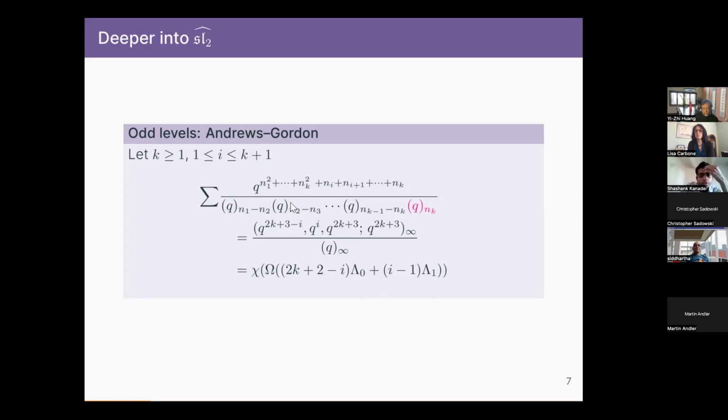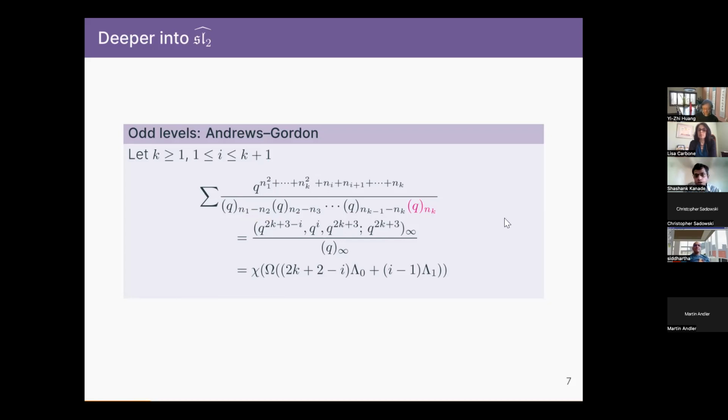Now, one thing to note is that I'll always assume that whenever you have such expressions, the Pochhammers in the denominator have non-negative arguments, so it is assumed that the sum is over n1 greater than or equal to n2, n2 greater than or equal to n3, and nk greater than or equal to 0. I'll not mention that. But there is a nice formula which is typical, which is q raised to a quadratic form plus some linear terms divided by Pochhammers.